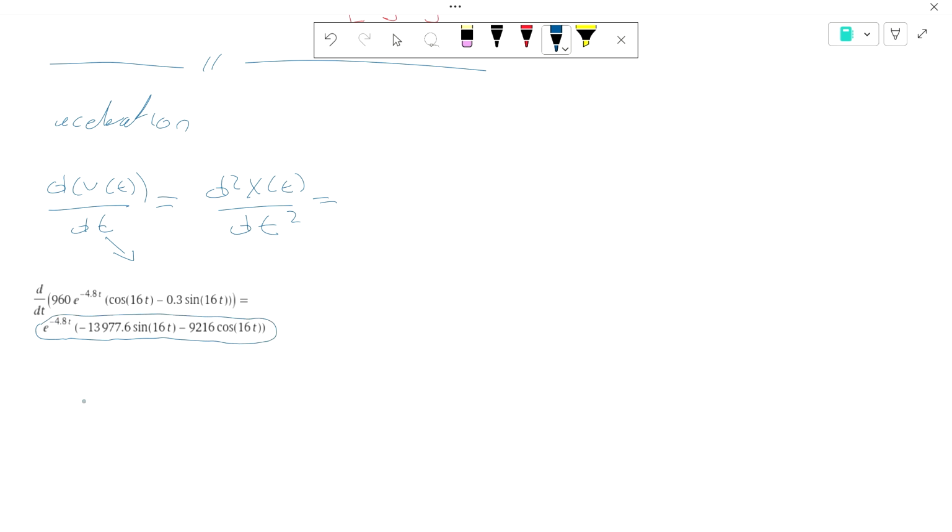So they're asking what is the acceleration at time 0 and what is the acceleration at 0.3 seconds. We're going to have to do the same thing.